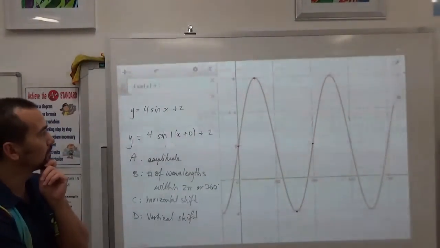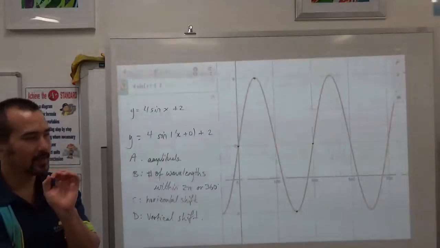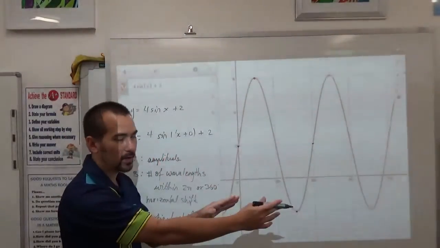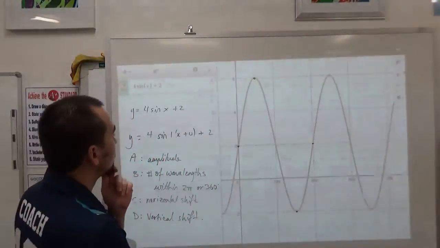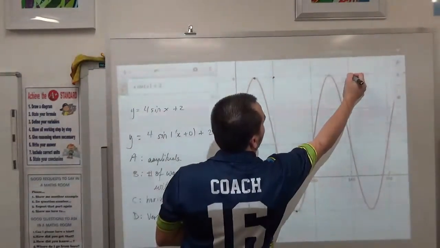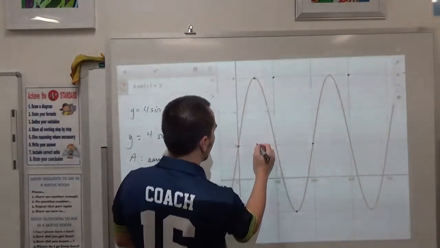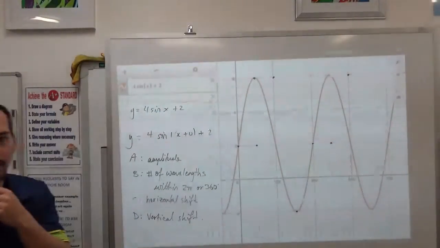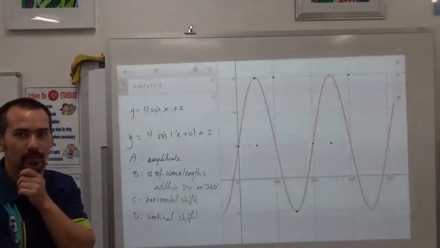Not too hard. Now, let's say that we want to shift the same graph to the right, and we want to shift it there, there, there, and there. On the grid, it's 2 squares to the right.